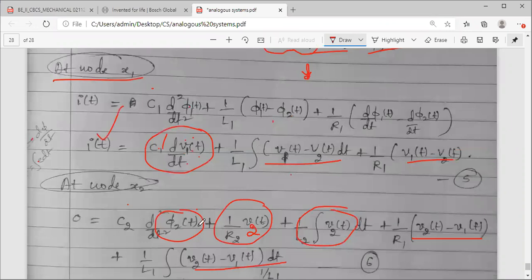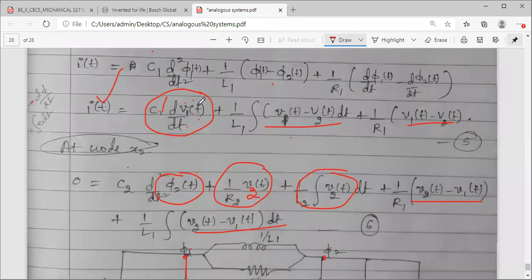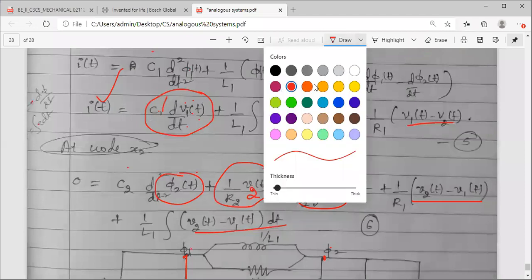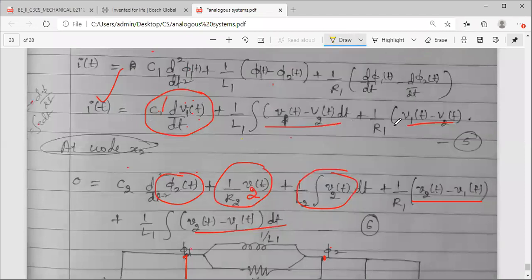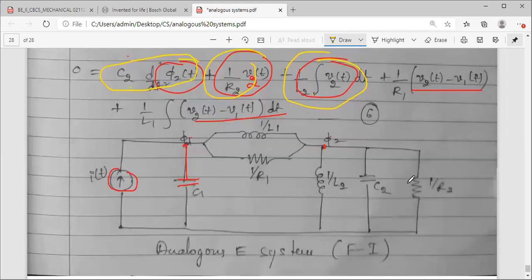Okay. Now coming to the second node, purely V2 कौन कितने हैं आप check करो. Purely V2, this one, you have V2, you have V2, R1, V2. Okay, done. How many? 3 terms are there. C2, 1 by R2 and 1 by L2. Connect all 3 together in parallel.